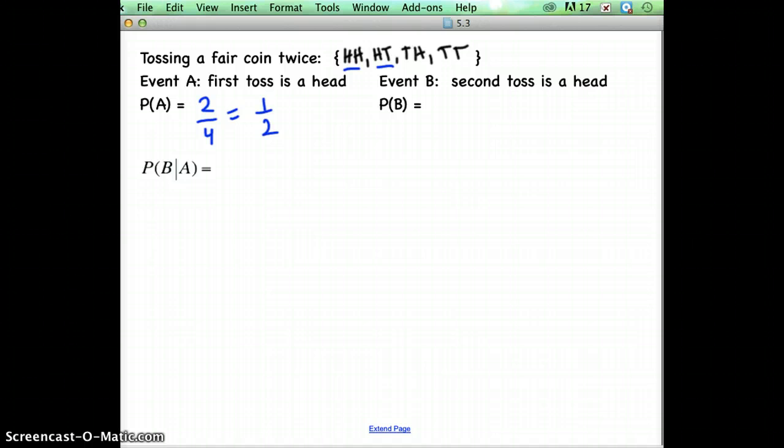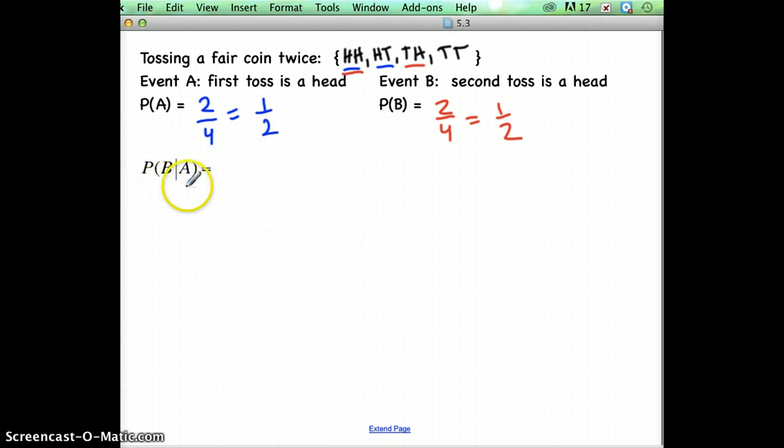Let's look at the ones where the second toss is a head. Here's one, and here's another. That happens 2 out of the 4 times, which is 1/2. Those events are independent. Getting a head on the first toss does not affect the probability of getting a head on the second toss. So events A and B are independent.